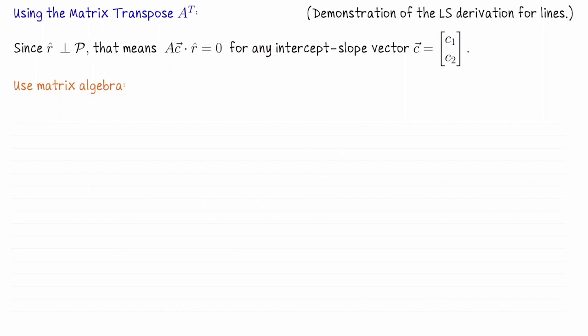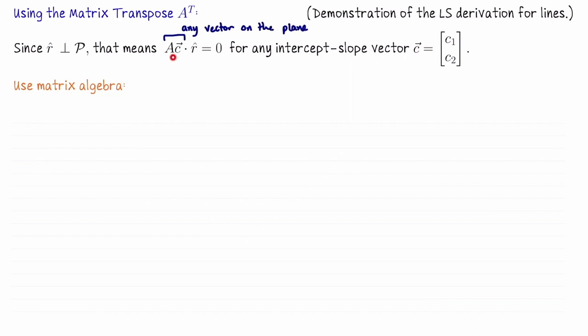Okay, so let's finish our derivation for the coordinates of the line of best fit. Where we left off, we had identified a vector r that was perpendicular to the plane. So what that means is if I take any vector on the plane, we can describe it as Ac.